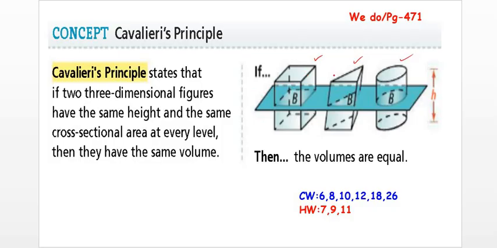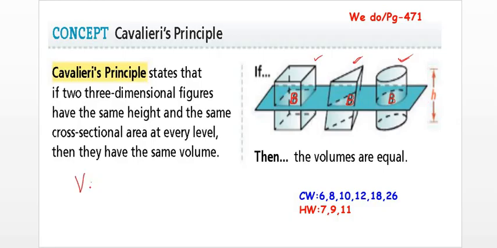The first one is a rectangular prism, this is a triangular prism, this is a cylinder, right? And they have shown over here with the capital B the base area or cross-sectional area for this rectangular prism. It's B, and here it's B, and here it's B. This shows that all of them have the same cross-sectional area.